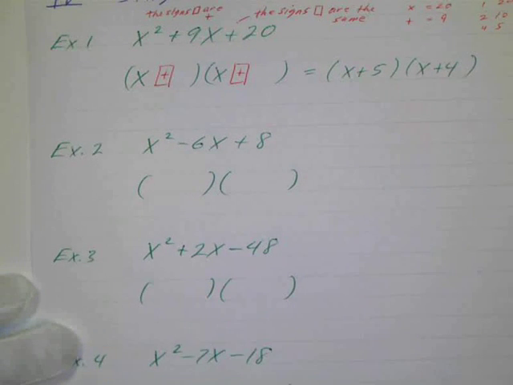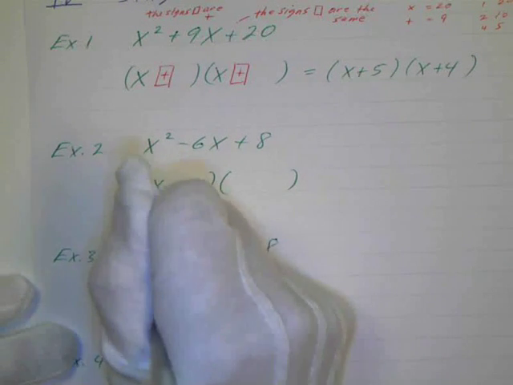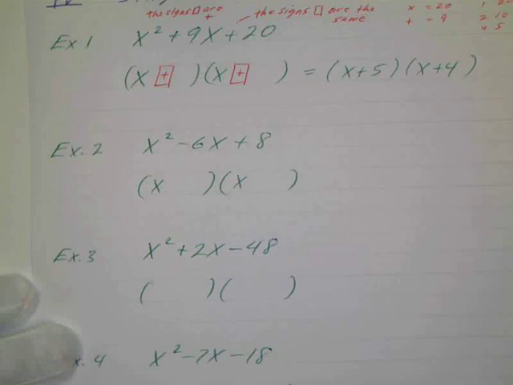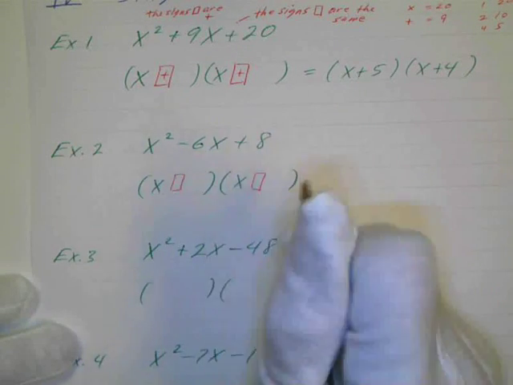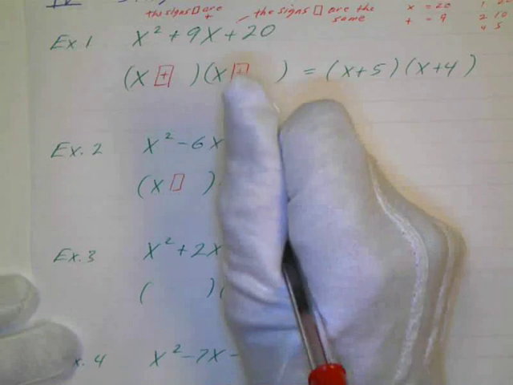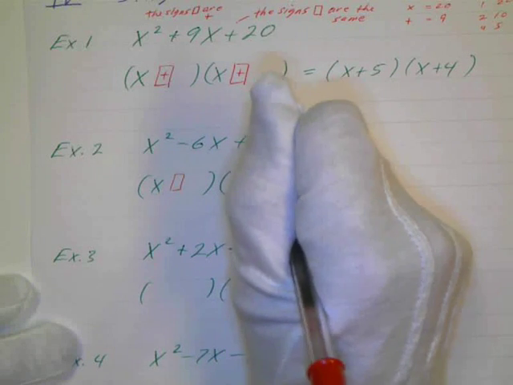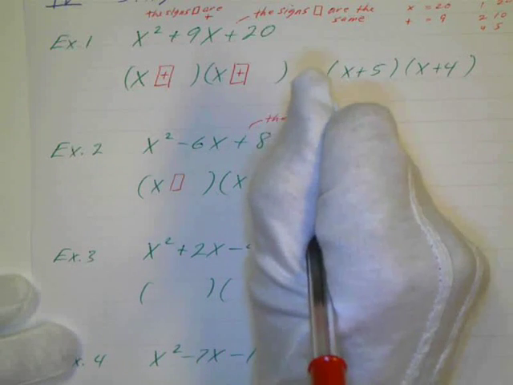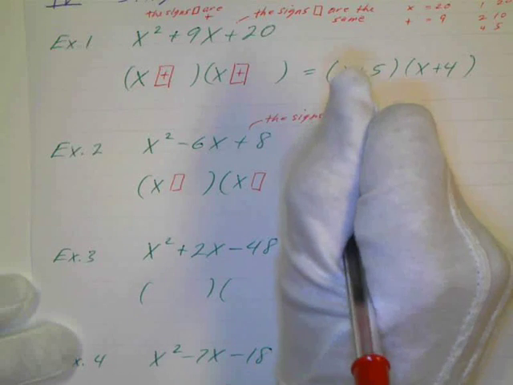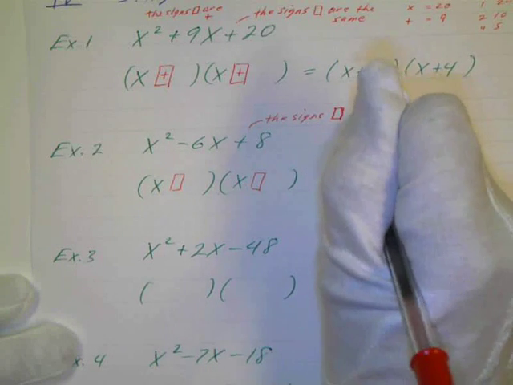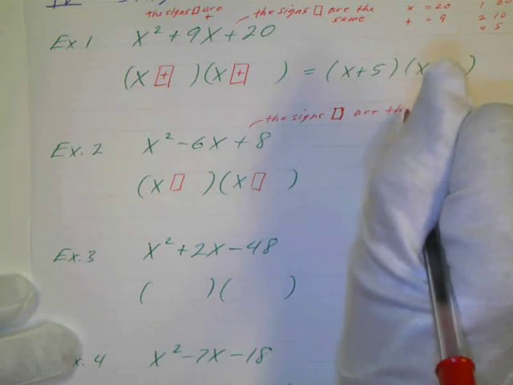And again, I know that I have to have an x here and an x here. So I want to analyze my signs here. Again, this tells me the signs. They are the same.